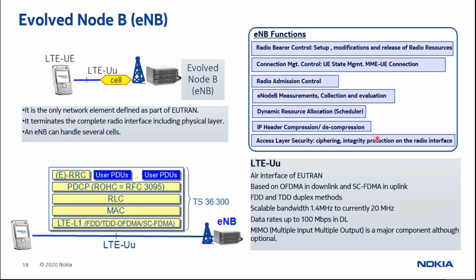So integrity protection ensures that the data is arriving in the right format, in the right sequence, and ciphering ensures that the user data is secured, preventing eavesdropping or other similar attempts by hackers. So we have talked about measurements, we have talked about ciphering and integrity protection, and of course, these are the details that you will find in most of the generic information.